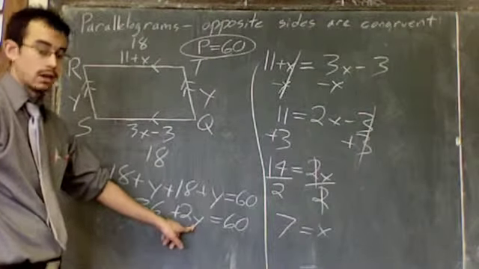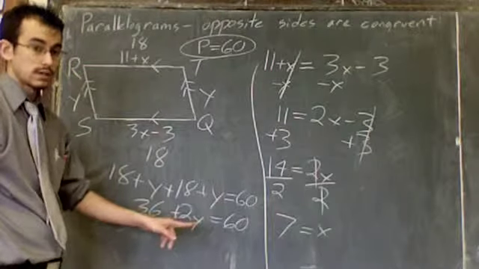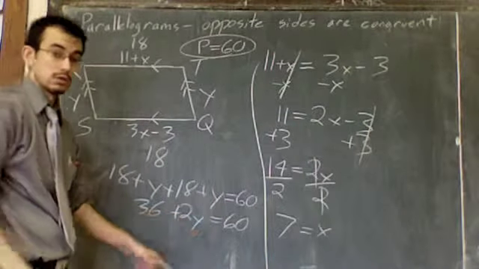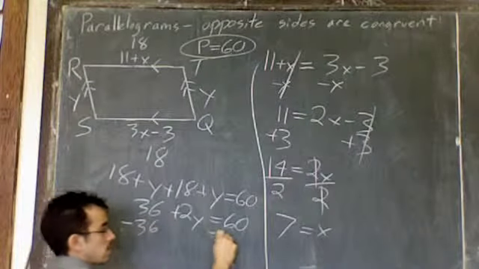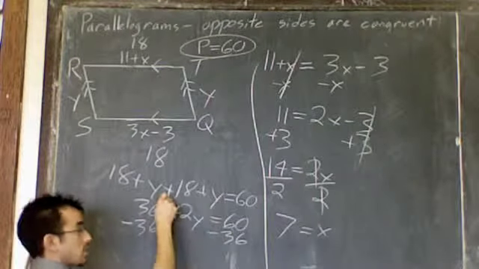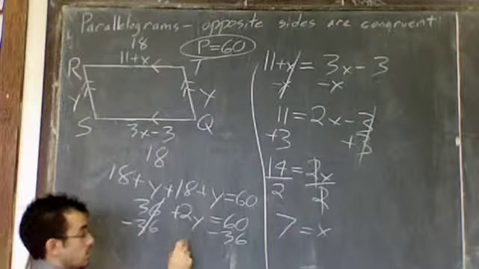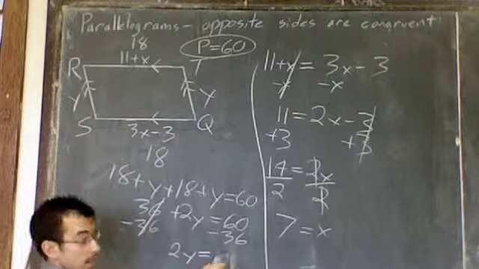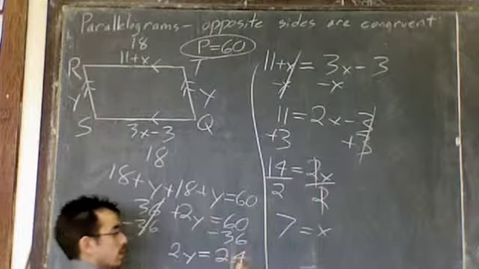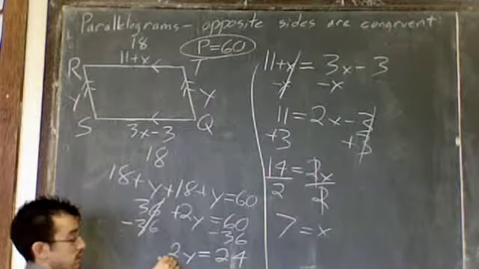Well, there's 2 steps to solve it. If you want y alone, subtract 36 from both sides. Afterwards, divide by 2. So subtracting 36, 36's will cancel. You'll have 2y equals 60 minus 36, that's 24. And then divide both sides by 2, since we were multiplying by 2.